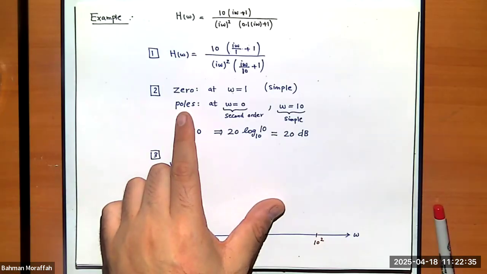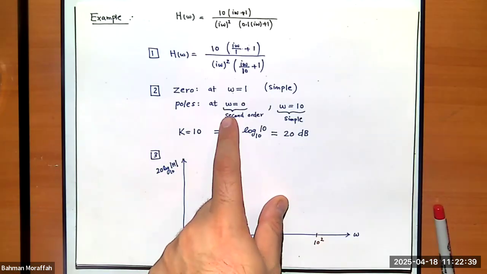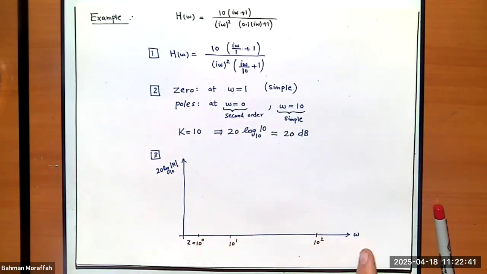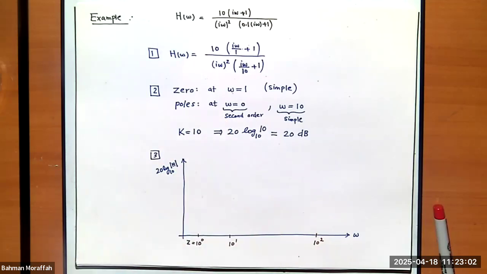Let's look at the poles. I have a pole at 0. But since this big axis is growing exponentially, as a power of 10, there is no 0 on this axis. What I do know, however, is that since this is a pole, it should come from negative infinity.